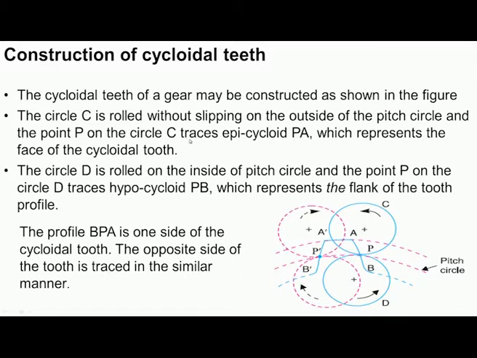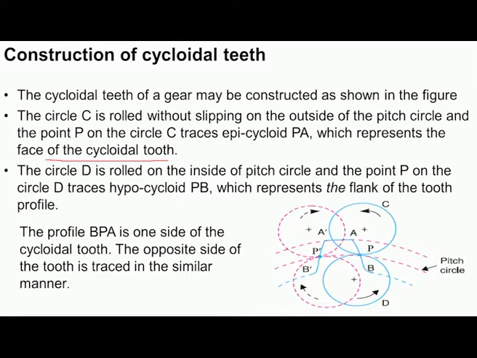The point P on the circle C traces epicycloid PA. When it rolls in this direction, it traces a path PA. This PA represents the face of the cycloidal tooth. Then the second circle D rolls inside the fixed circle.